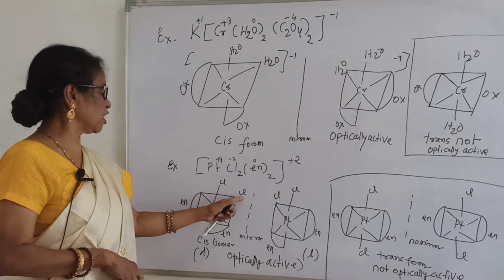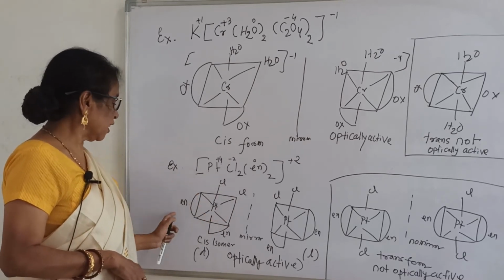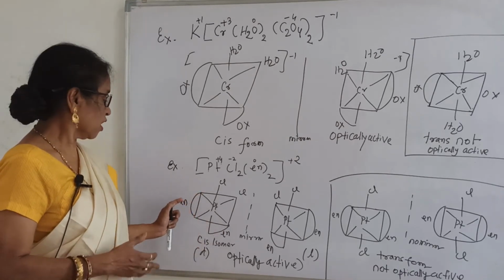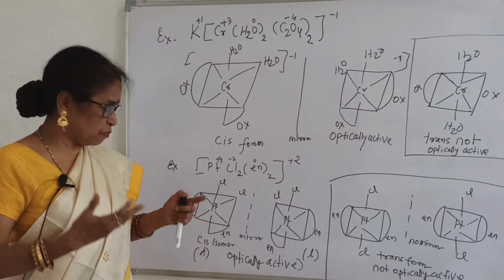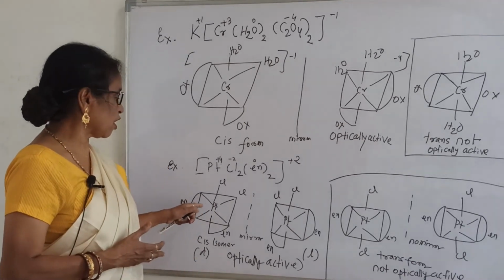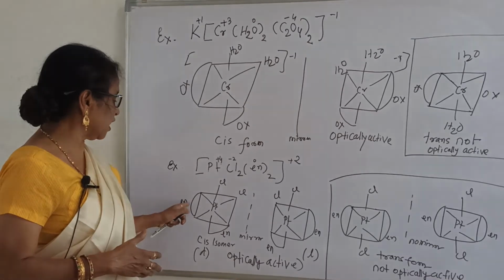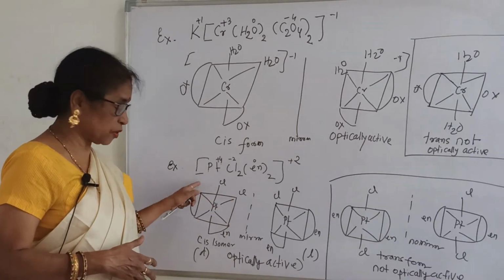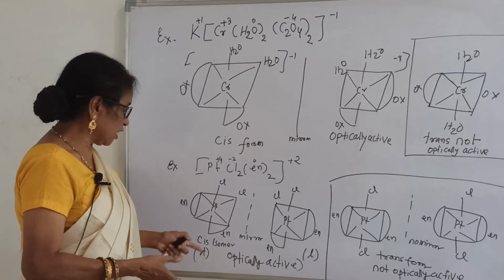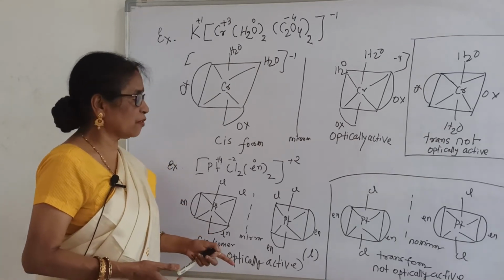Yes, because you change ligand Cl to here, en to here, this en to here, then it forms a mirror image. So you can see it is a mirror image, meaning it is optically active. That means en transfers to here, chlorido transfers to here, en transfers to here. There is no problem. It is the same, meaning cis isomer. That is why it is optically active.